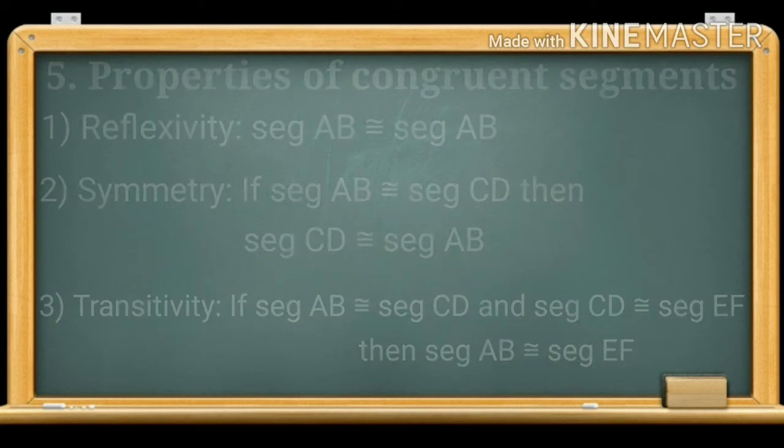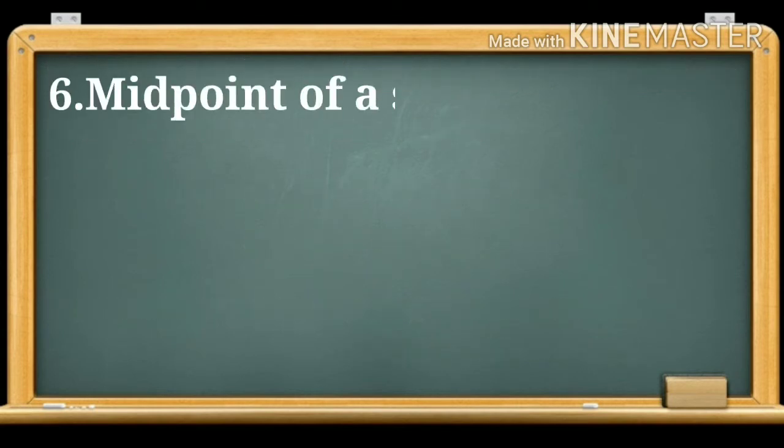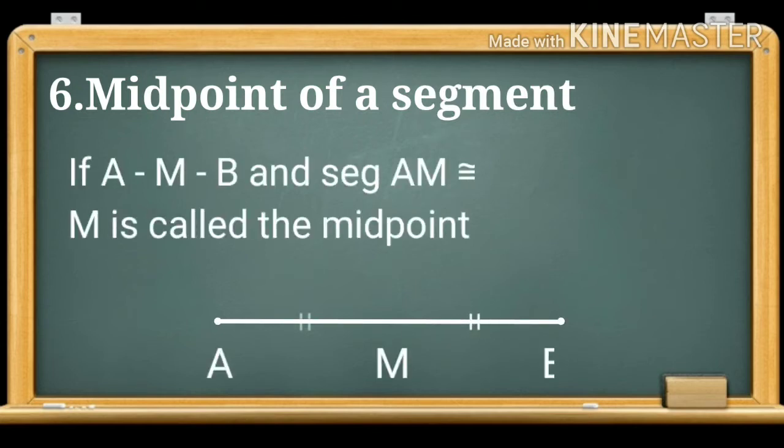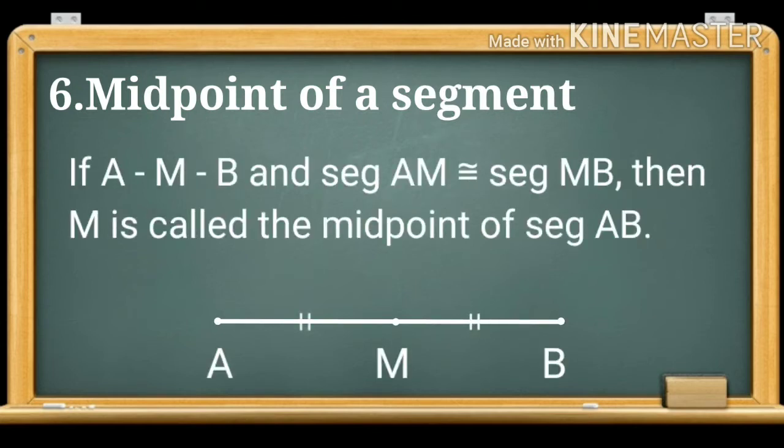Now next point, midpoint of a segment. If A-M-B are collinear and segment AM congruent to segment MB, then M is called the midpoint of segment AB. Look at the figure carefully.